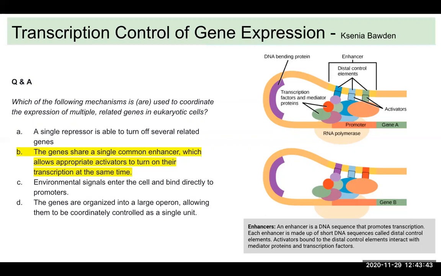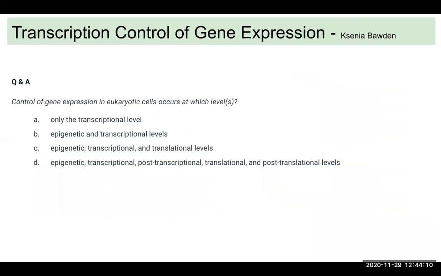Each enhancer is made up of short DNA sequences, called, as you'll see in the picture on the top here, distal control elements. The activators bound to the distal control elements interact with the mediator proteins and transcription factors, and therefore stimulate transcription. All right, can we go to the next slide?